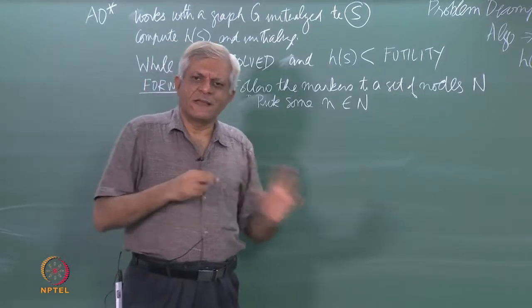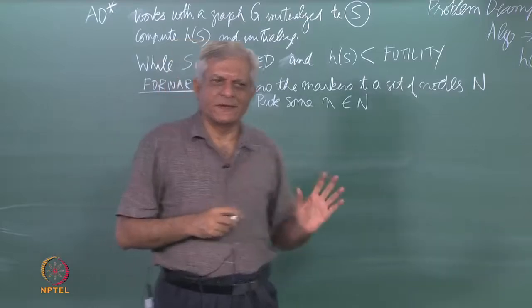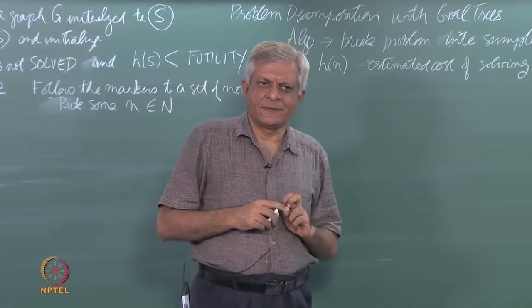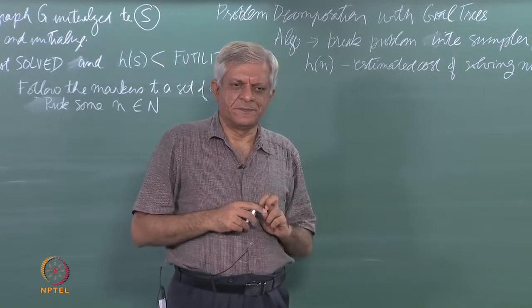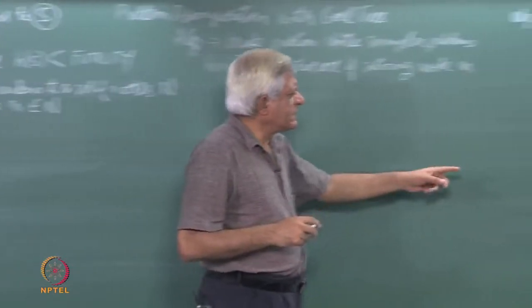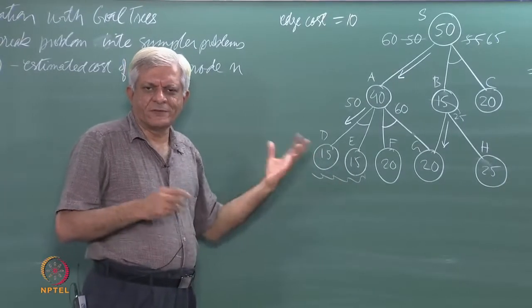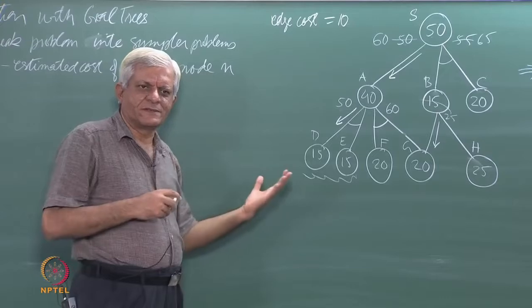Does it matter which one I pick next, whether I should pick D or whether I should pick E? In this example of course, both the costs are 15, so obviously there is no way of telling which one I should pick.